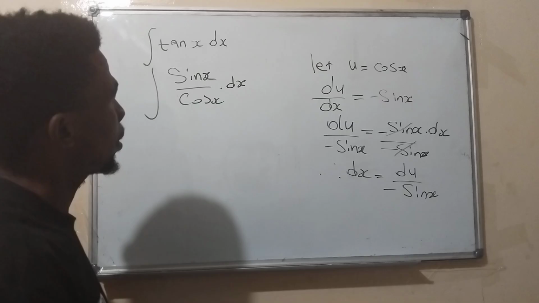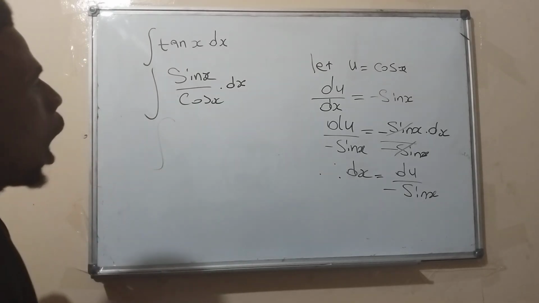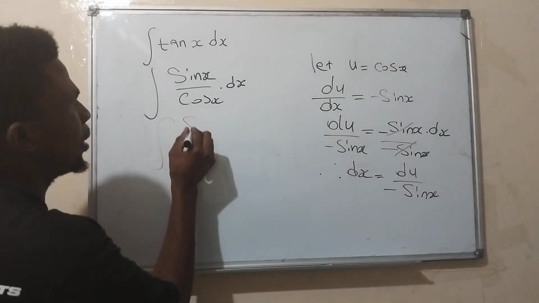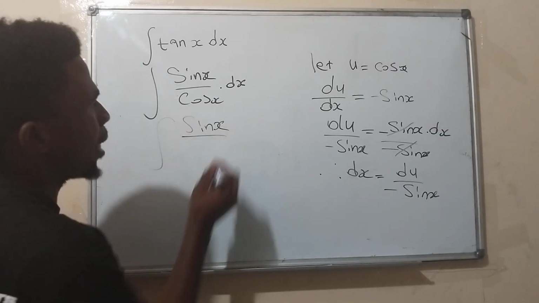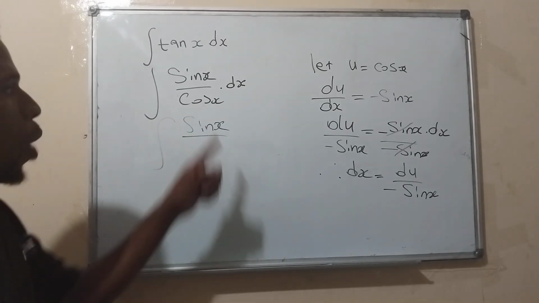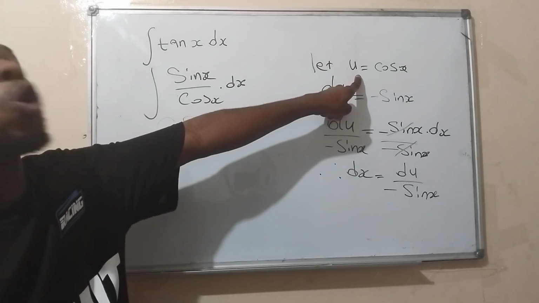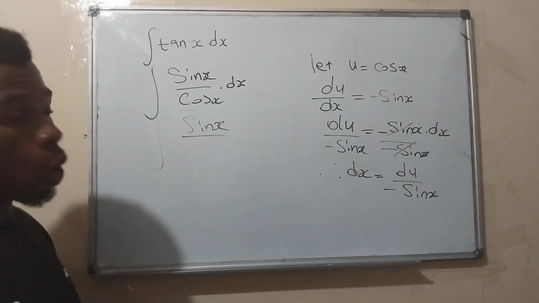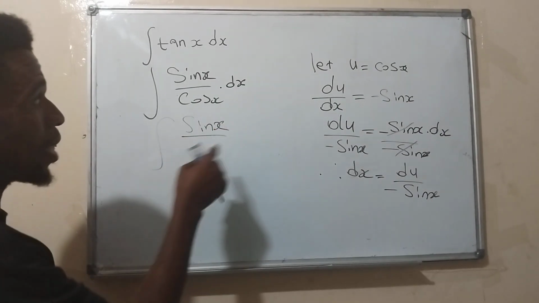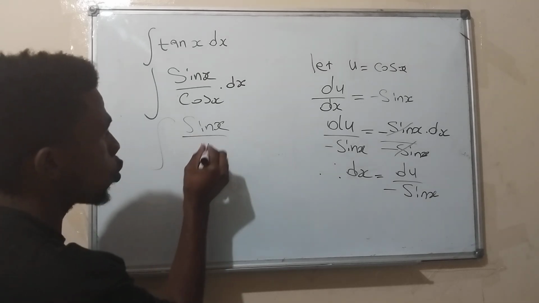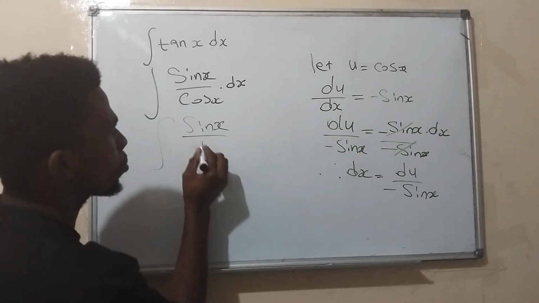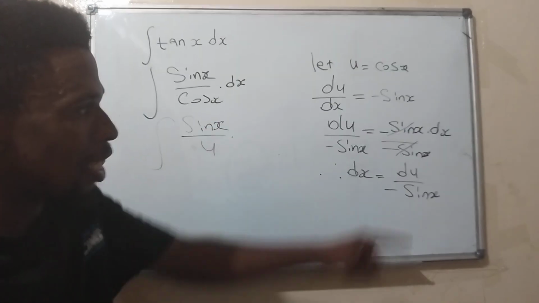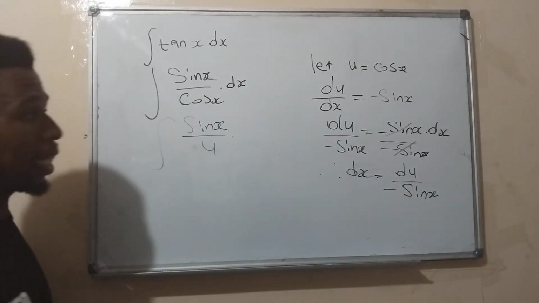Then the integral of sin x divided by cos x. Our cos x is equal to u, because here we have said let u equal cos x, meaning that we are going to replace cos x with u. Then our dx is going to be replaced by du over negative sin x.